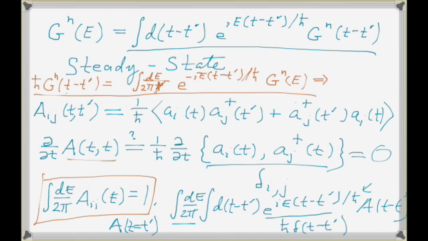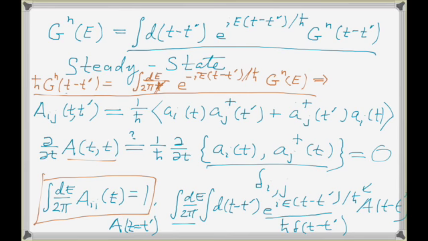And at t equals t prime, we said this is an anti-commutator. So my equal time anti-commutation relationship is that my spectral function is just 1 over h bar Kronecker delta ij. Independent of anything. It's a completely general statement.